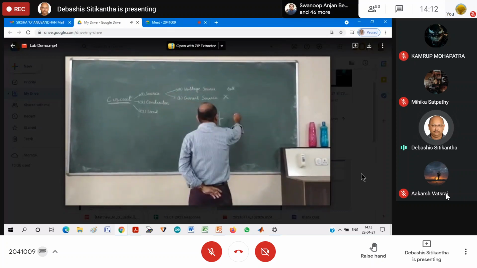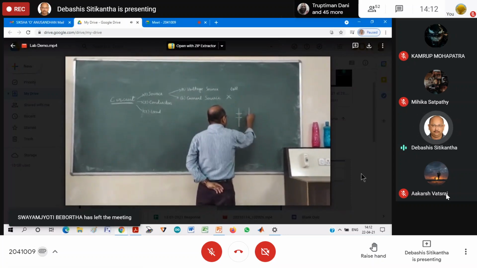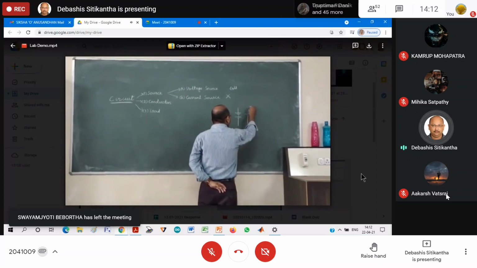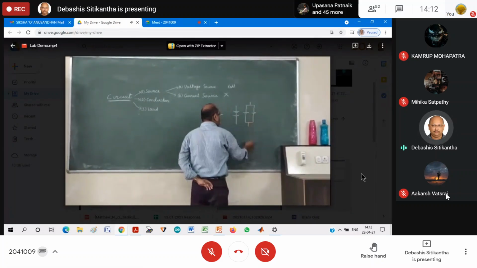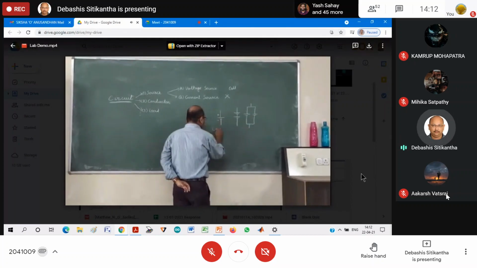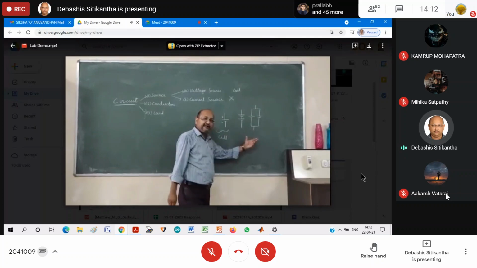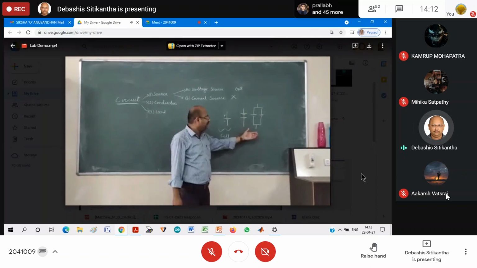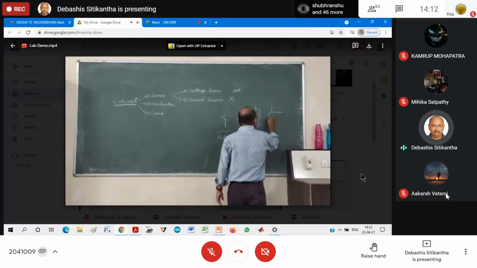Similarly, if I have a set of cells connected in series or in parallel, it is known as a battery. Or it may also be connected in series-parallel. So a combination of cells in three different types, maybe series, maybe parallel, or maybe series-parallel like this.